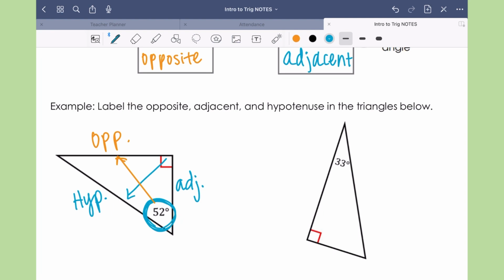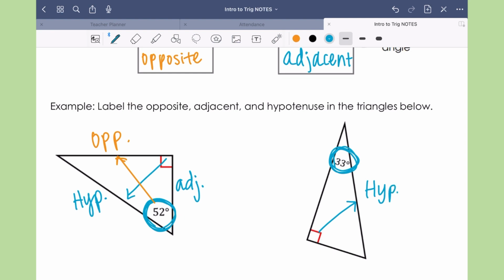Okay. Now I want you to pause the video and try to do this one. Try to label the hypotenuse, the opposite, and the adjacent. Okay, press pause, and then check your work. All right, if you're checking your work, let's go over it. Circle the reference angle, 33. Label your hypotenuse. Across the 90 is always your hypotenuse.